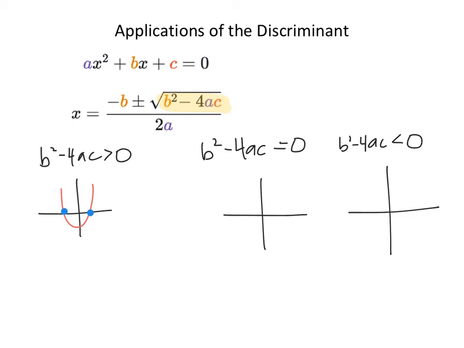When it's equal to 0, it means it might only touch the x-axis at one point, where my vertex is at the x-axis. And so I only have one solution.